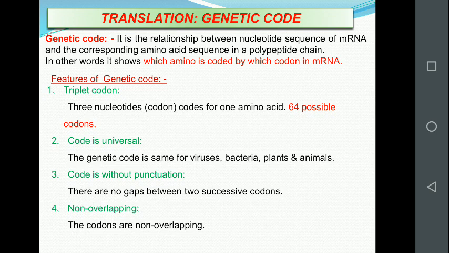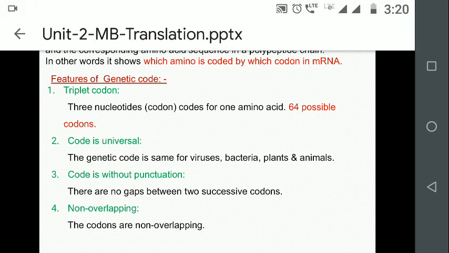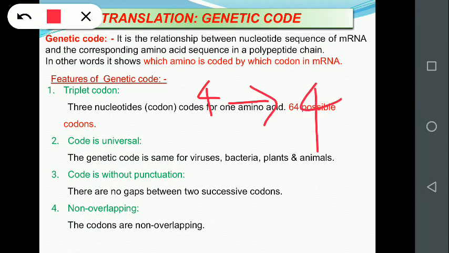Why is the triplet codon being utilized by the organisms? Here you can see the different possibilities of the number of nucleotides in a codon. Suppose you take a singlet codon, so one nucleotide codes for one amino acid. Then we have only 4 nucleotides that code for only 4 amino acids, but in fact we have 20 different amino acids.